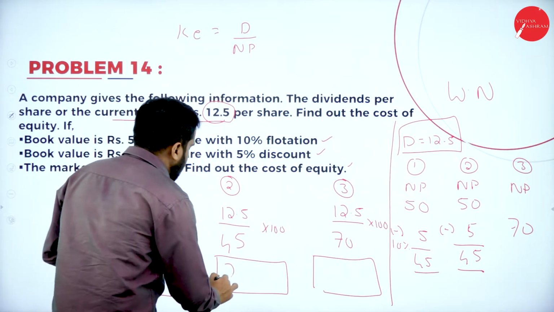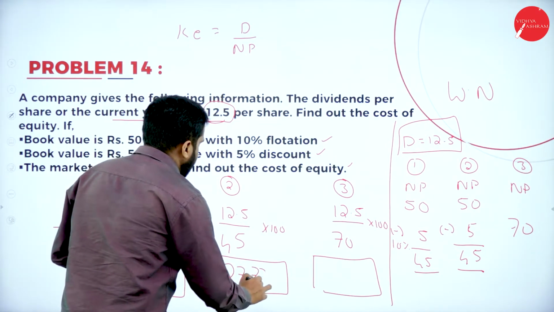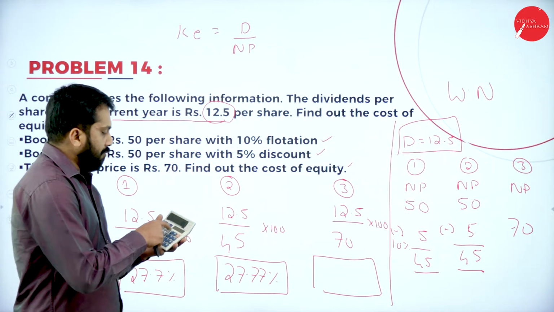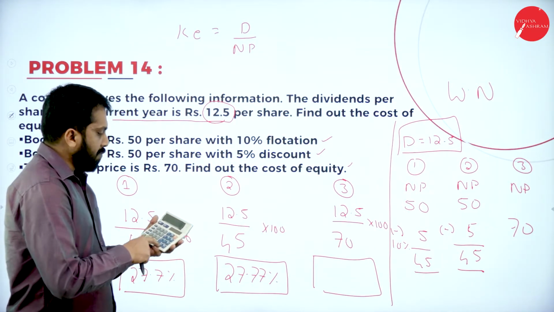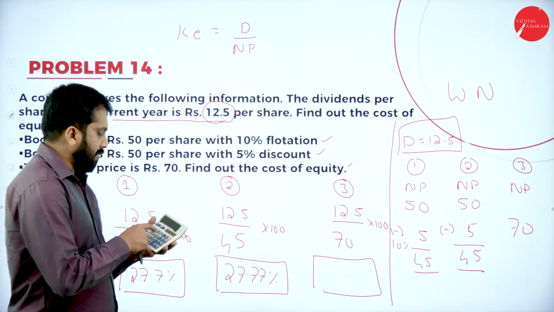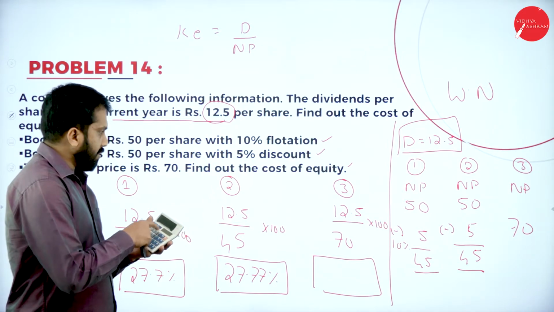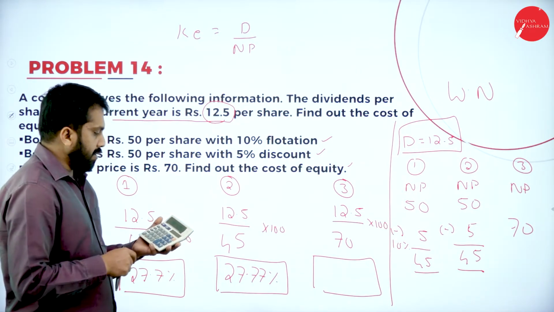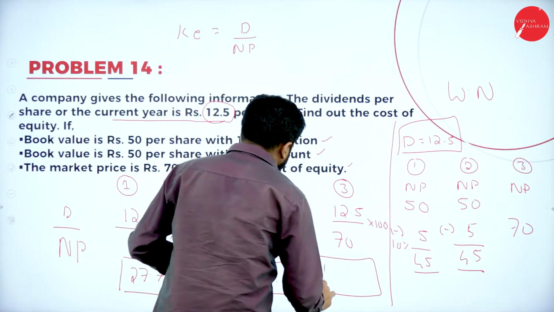It is 27.77%. Last one, 12.5 divided by 70 into 100. You will get 17.8%.